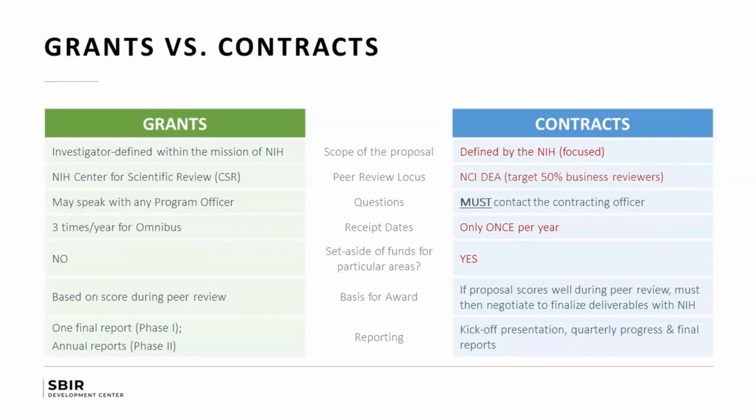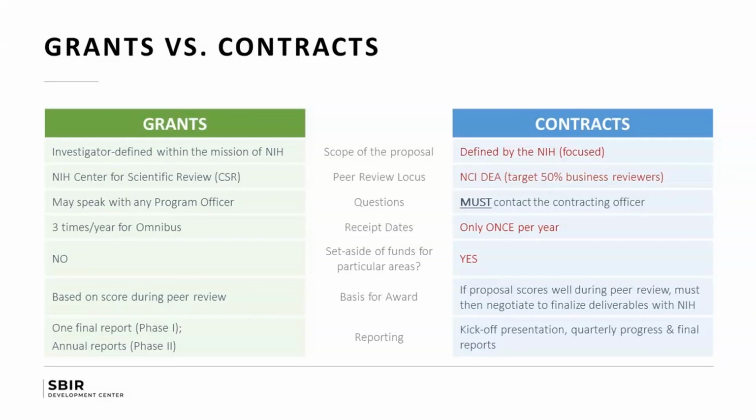There is only one receipt date for contracts per year, and this year it is October 28th at 5 p.m. EDT. For contracts, you cannot contact the program director at the NCI SBIR. However, if you have any questions, you must contact the contracting officer.